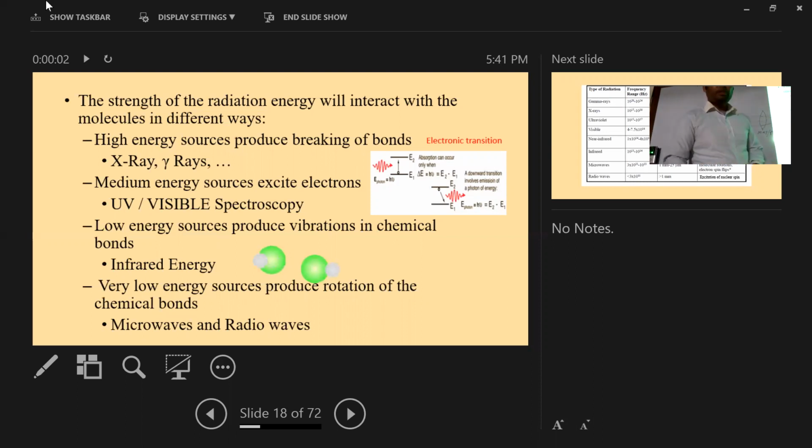If we give even lower energy, a low energy source produces vibrations in chemical bonds, as I mentioned, infrared. A very low energy source produces rotation of the chemical bonds. What does rotation of the chemical bonds mean? If you have some HCl molecule, yes. Can we increase the energy level of the light source, like can we get infrared light into UV? Yes, possible.